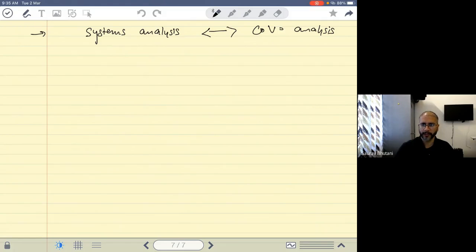We'll discuss further as to what these words exactly mean. What is the meaning of analysis here? But on an idea level, this is what we'll be learning in this integral analysis chapter. So we will be learning the mathematics that is going to relate the two. We'll be learning equations that will relate a systems analysis to a control volume analysis.